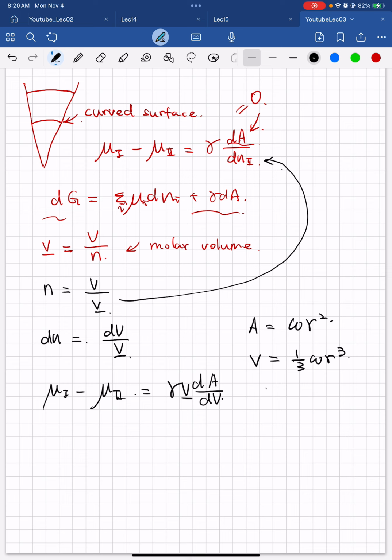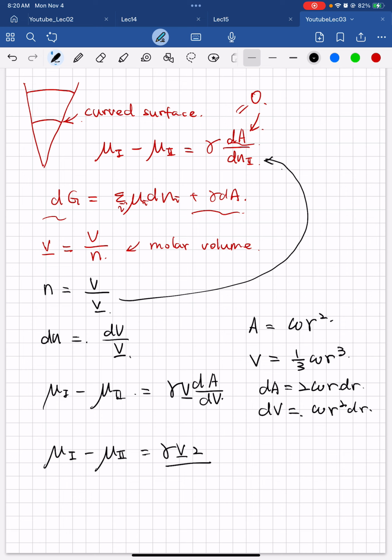Then if you plug this in, dA equals to 2 omega r dr, and dV equals to omega r squared dr. If you plug it in, then it will become like this. If you calculate it, it will be like this. So if you rearrange it, then 2 gamma divided by r. Okay, so you get it.